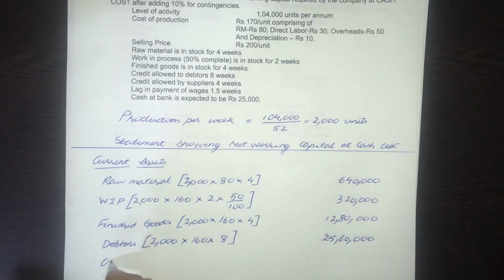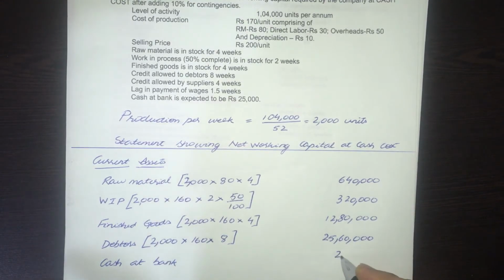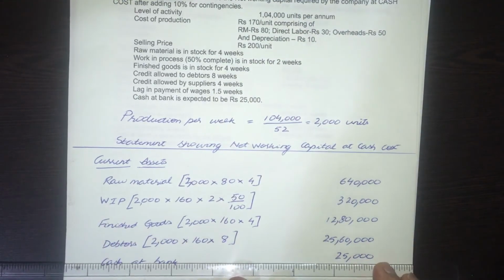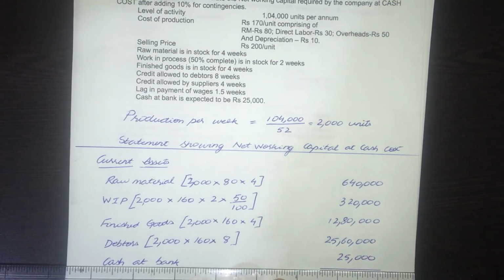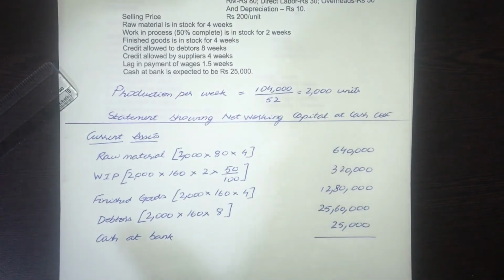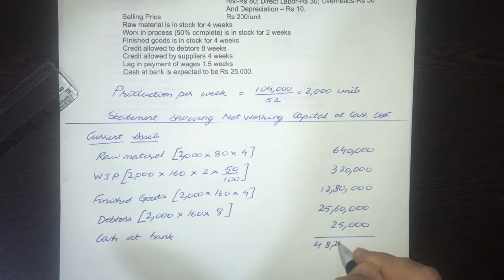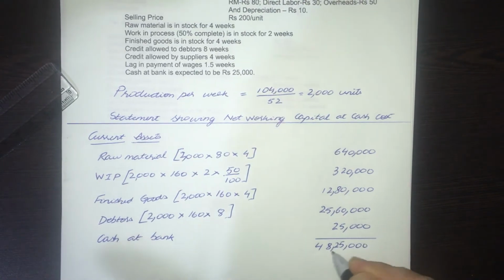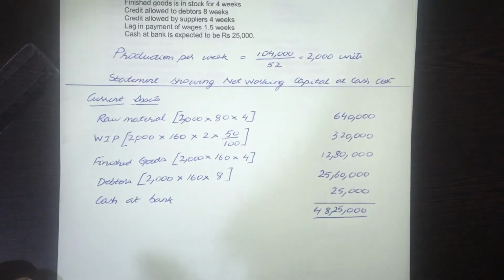And then you have cash at bank, which is 25,000. So add that, add the total current assets, you will get 48 lakhs 25,000. All right, so we're done with current assets.